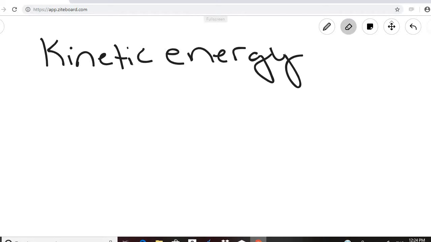In this module, we are going to be looking at the relationship between a stationary charged particle and how that charged particle impacts other charges that are brought near to it.